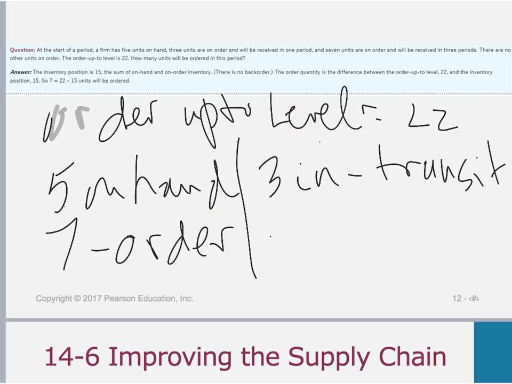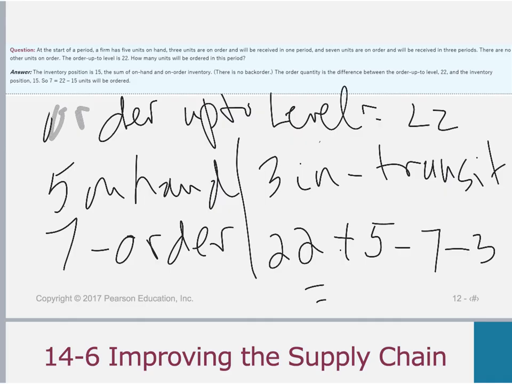So you know your maximum inventory level is 22, minus the 5 you have on hand, minus the 7 that the customer has ordered, minus the 3 that's already in transit. Because at no point do you want to have more than 22 units in inventory.